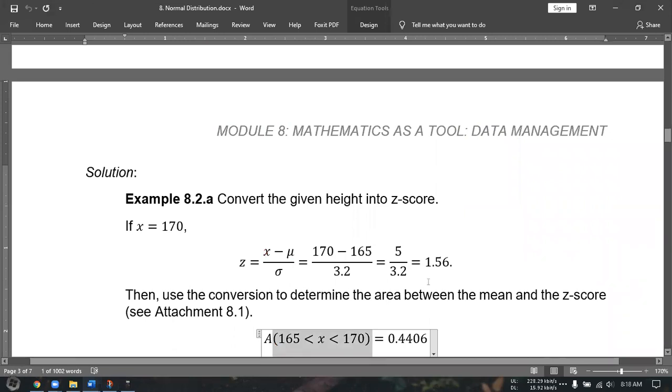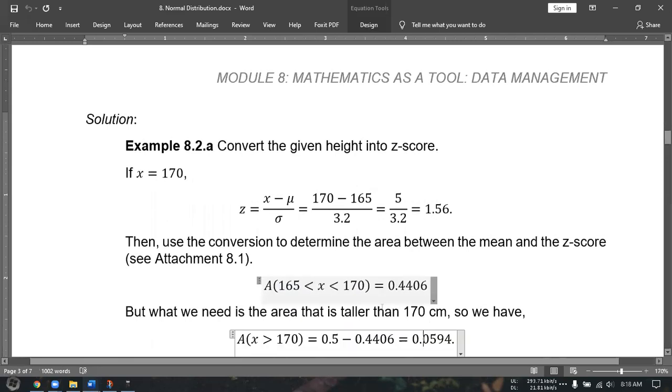It's trying to state the area from the mean to 170. All the students whose height is greater than 165 but less than 170, or in between 165 to 170. So that is the area 0.4406. And based on our illustration, we have to subtract this from the half to find the area.